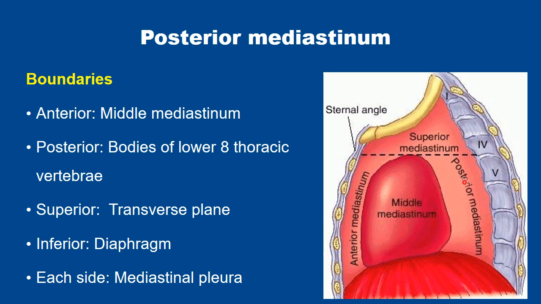In the same manner, the posterior mediastinum is posteriorly bounded by the bodies of the lower 8 thoracic vertebrae. Superiorly it is bounded by this transverse imaginary line and the superior mediastinum, and inferiorly by the diaphragm muscle. On each side it is bounded by the mediastinal pleura.